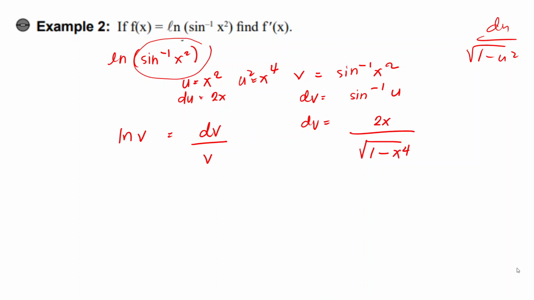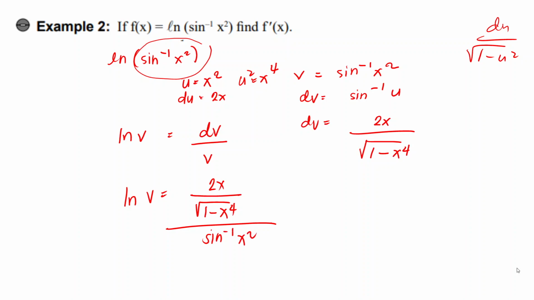Okay? So, substitute naman natin ulit dito. Ln v is equals to dv, which is 2x over square root of 1 minus x to the fourth, all over v, which is this one. Okay? Sine negative 1 x squared.